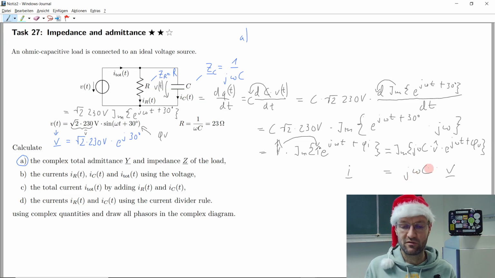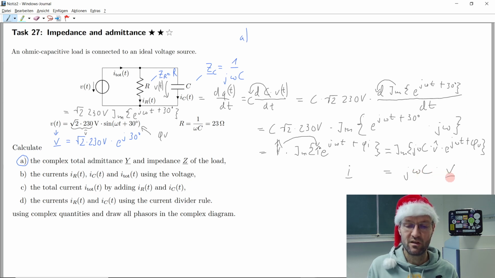The c comes from the c in our formula here, and the j omega is what we get from the time derivative. So a time derivative in the time domain turns into a multiplication with j omega in the frequency domain. And this is what we always have.